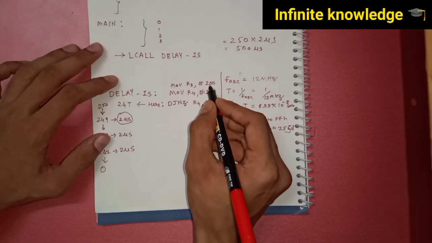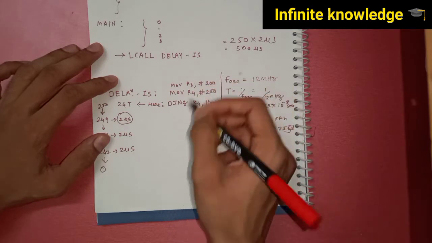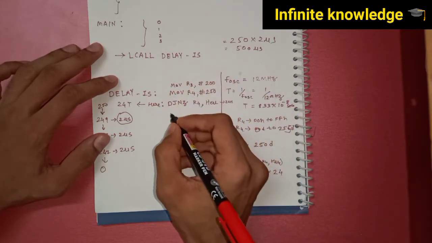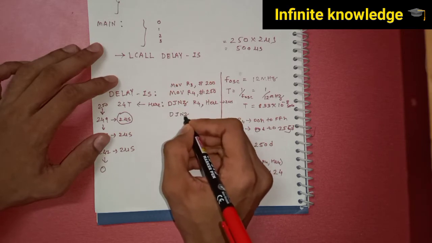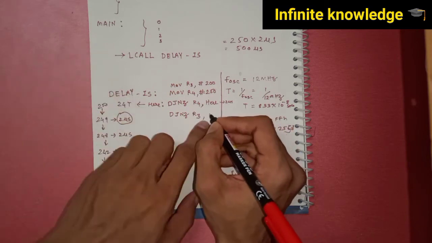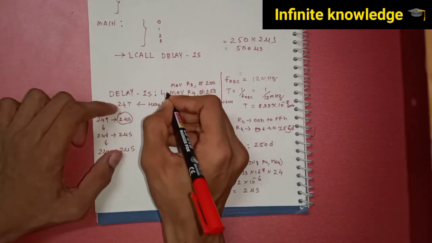So we add 200 in R3, and again I want to repeat this loop. So what should I do? I will write here DJNZ, decrement and jump if not equal to 0, R3 to L1, and it will jump to L1.